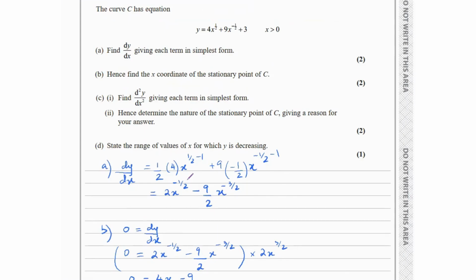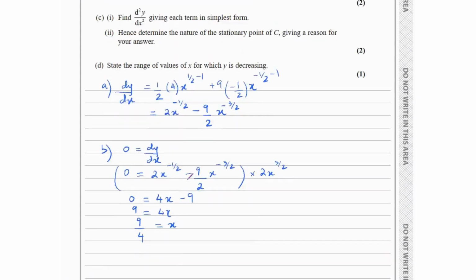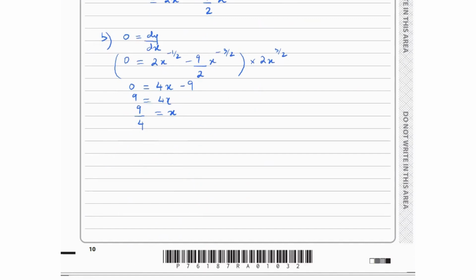Then it says find the double derivative giving each term in simplest form. So for this, we're going to differentiate dy by dx. So the second derivative is going to be 2 times negative 1 over 2 times x to the power of negative 1 over 2 minus 1, minus 9 over 2 times negative 3 over 2 times x to the power of negative 3 over 2 minus 1.